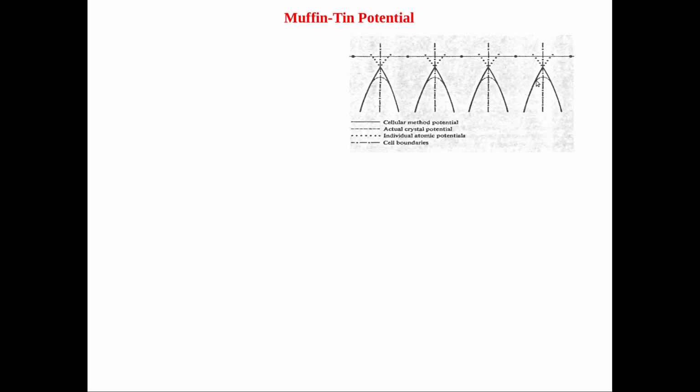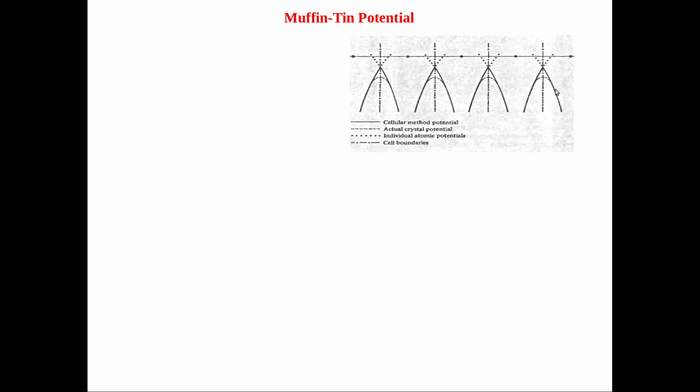And when you are in between, say somewhere at the midpoint of two atoms, the potential is a smoothly varying function of r. To a rough approximation you can see this like an inverted parabola. So that's the actual potential felt by an electron in a periodic crystal.